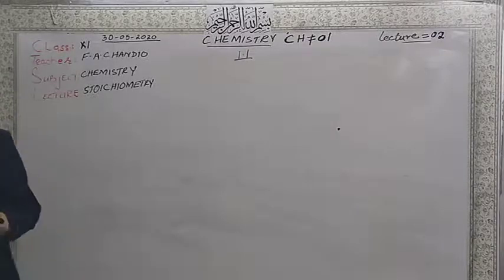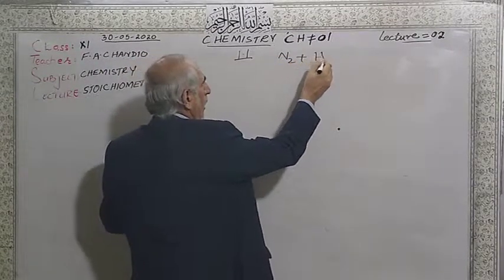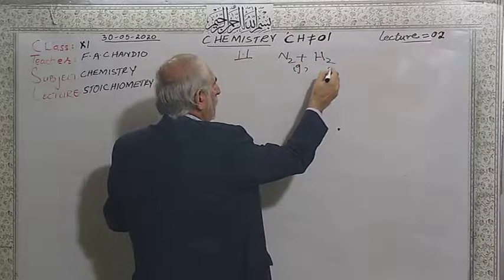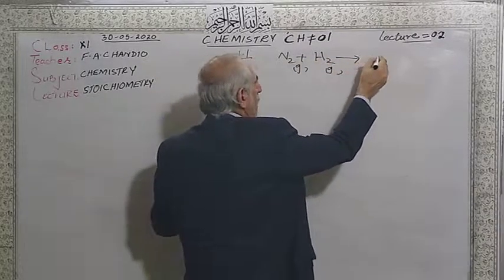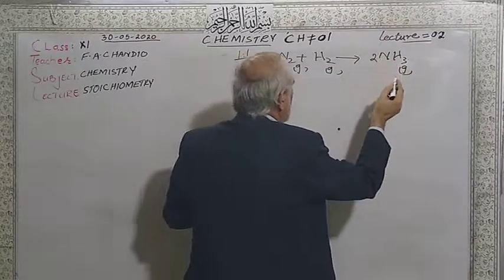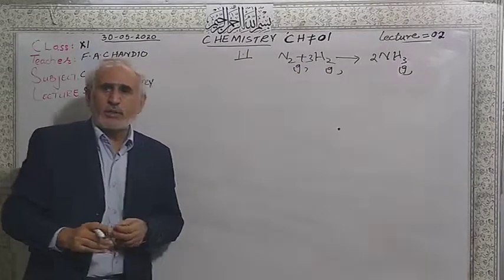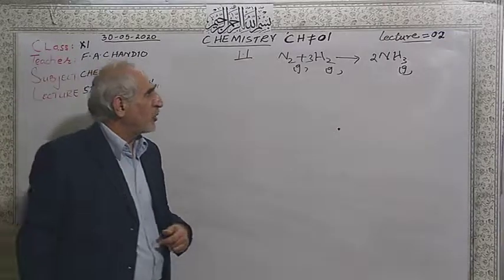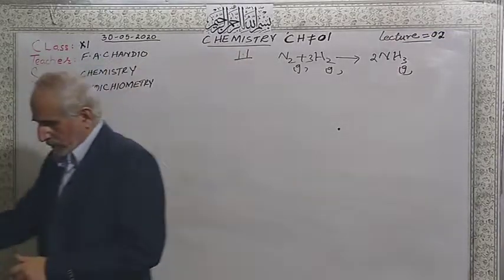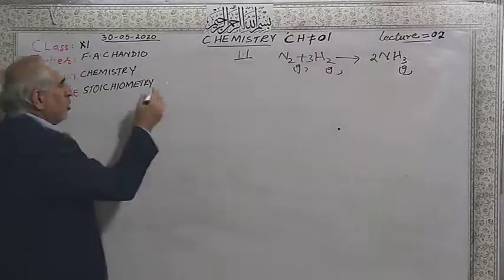Ammonia is produced from nitrogen and hydrogen, very important gases to make ammonia gas. So 2 moles of ammonia, 1 mole of nitrogen and 3 moles of hydrogen are required. This is the equation. So what does it ask? How many moles of the following are required for the manufacture of 5 moles of ammonia?